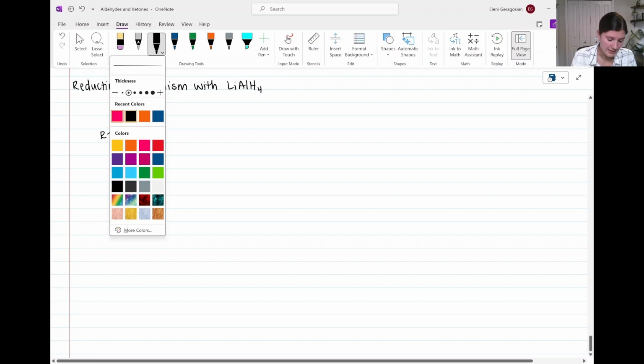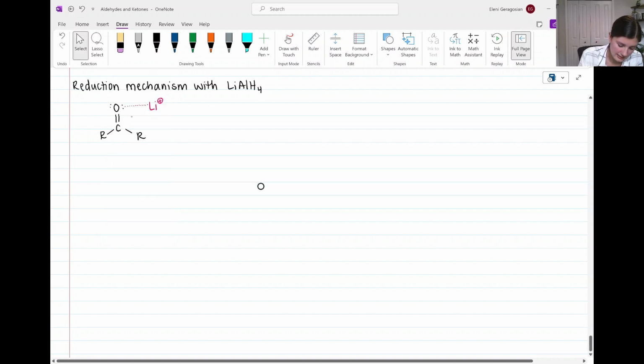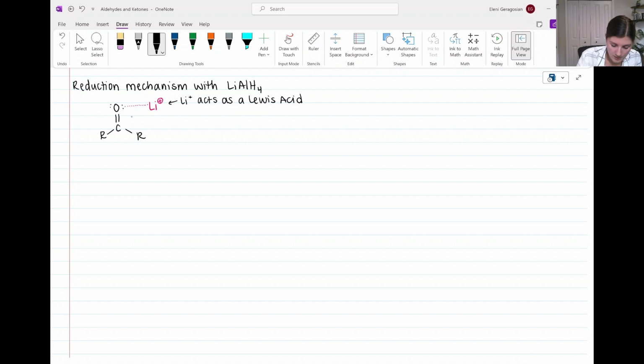So this lithium is acting like a Lewis acid. So it acts like a Lewis acid catalyst by coordinating to the carbonyl oxygen. This increases the reactivity of the carbonyl carbon now.